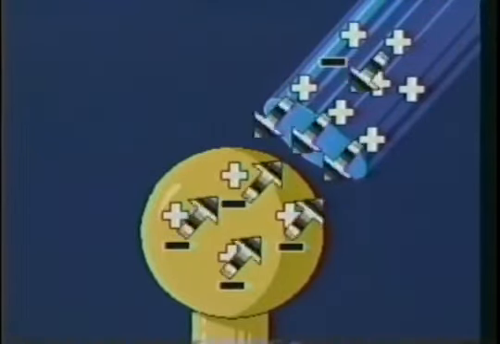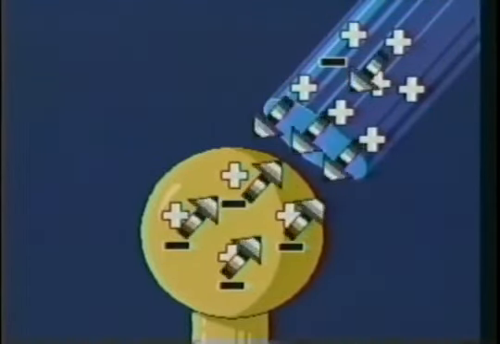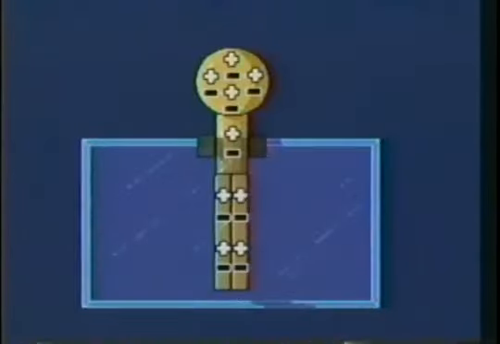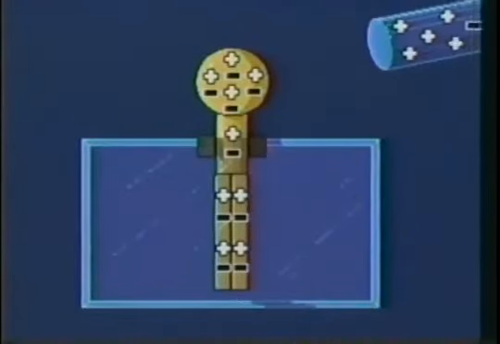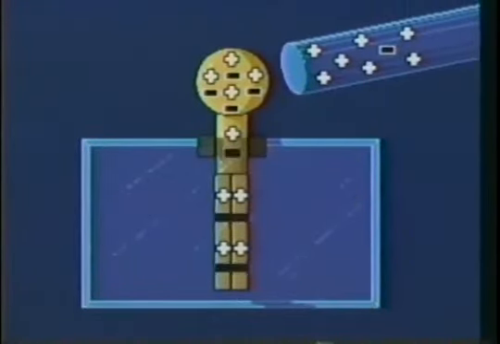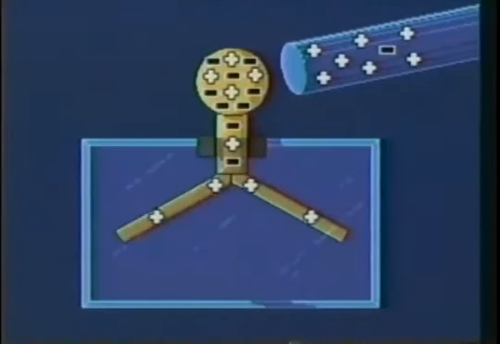When a positively charged rod moves towards the knob, the charges interact. The electrons in the electroscope will try to move towards the rod. And as they do so, electrons will flow out of the metal leaves, making the leaves positive. As a result, the leaves repel each other and diverge.